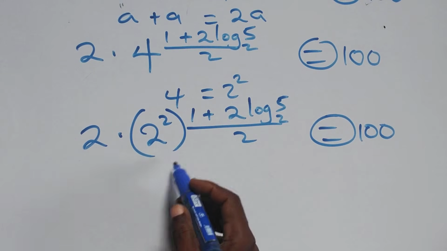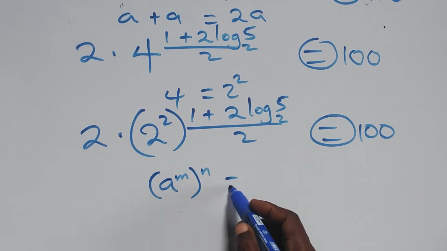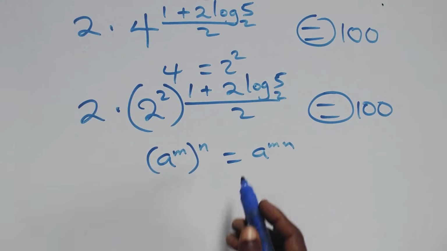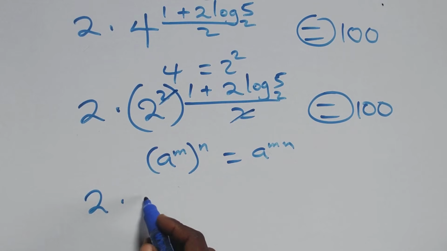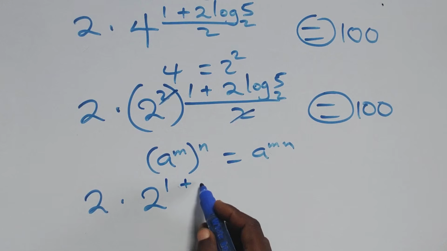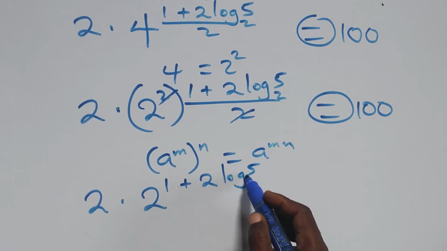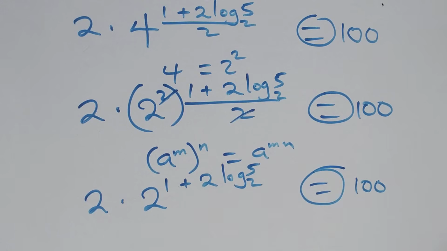And this power multiplies, since when we have a raised to power n, raised to power n, this is a raised to power n times n. Then this multiplies, the 2 cancels each other here. We have 2 times 2 raised to power 1 plus 2 log 5 base 2 here equals 100 on this side.